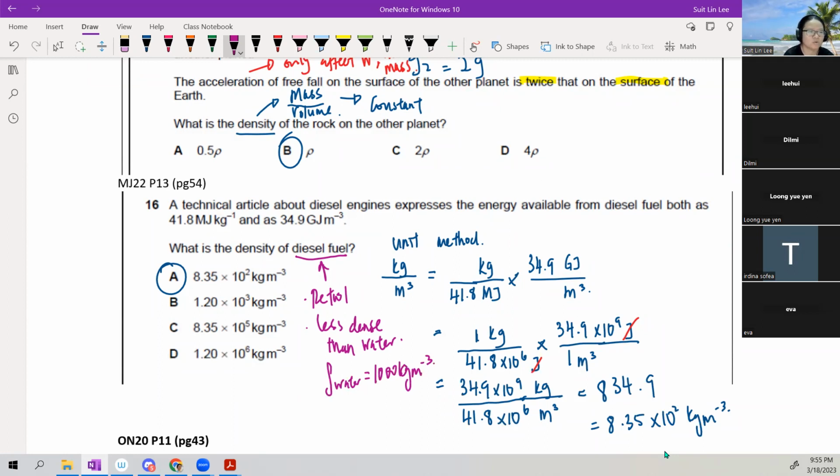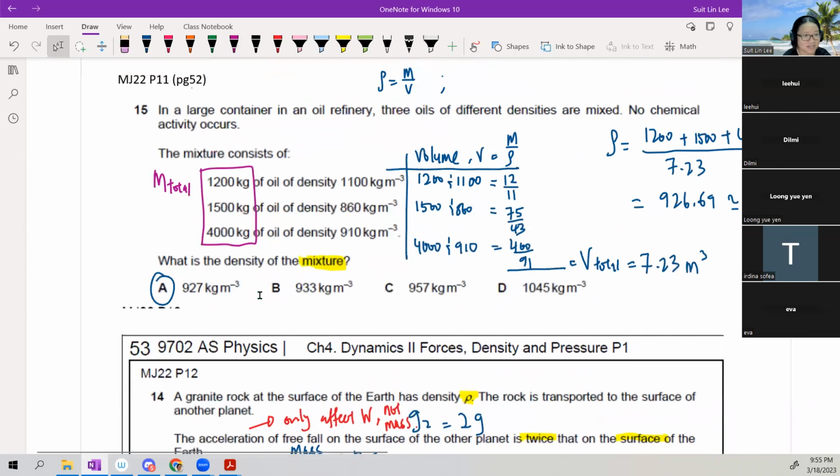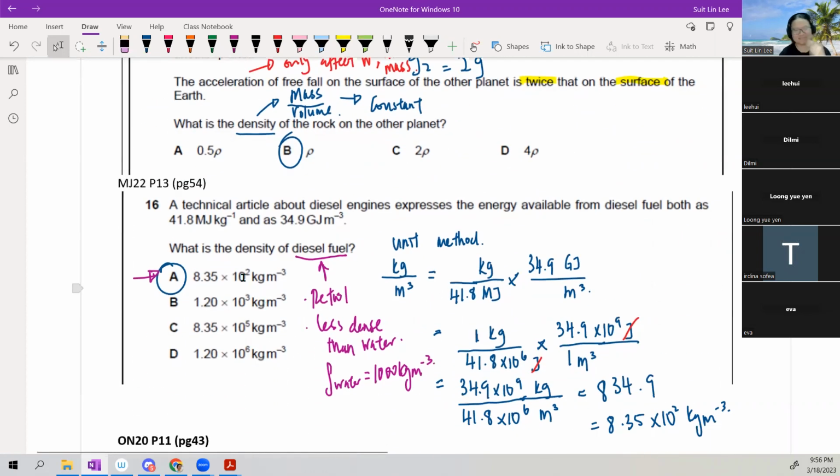There's only one option that is less dense than water. Everything else is denser than water. So you actually don't need to do any calculation for this one. Unless everything here is like 800 something, 900 something, then you will need some calculation. This one you can guess the answer.